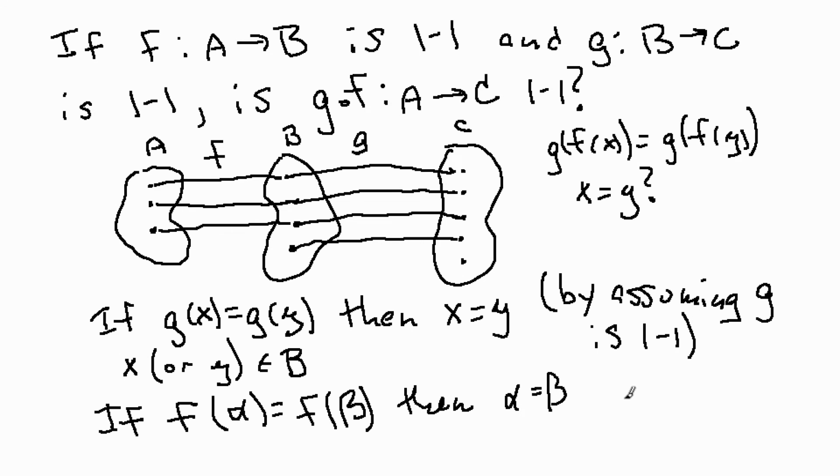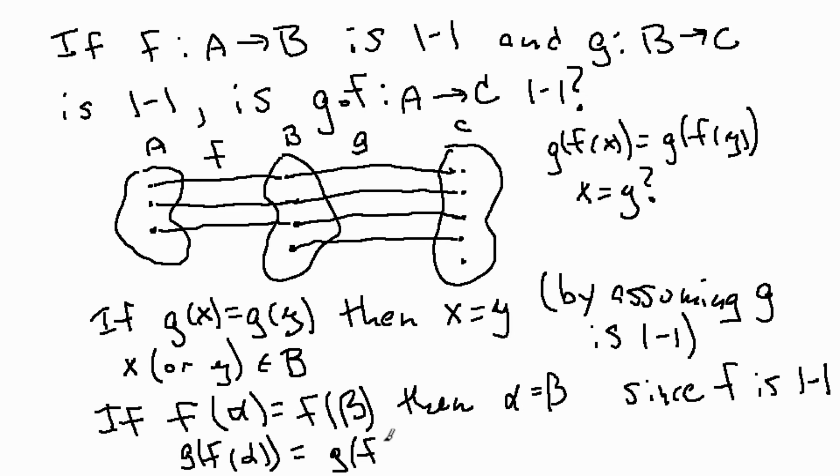And this is since f is 1-to-1. Okay. So we can clearly see then that if I were to have g of f of alpha is equal to g of f of beta, then alpha equals beta. And that pretty much proves it right there. It's just relying on the definitions.